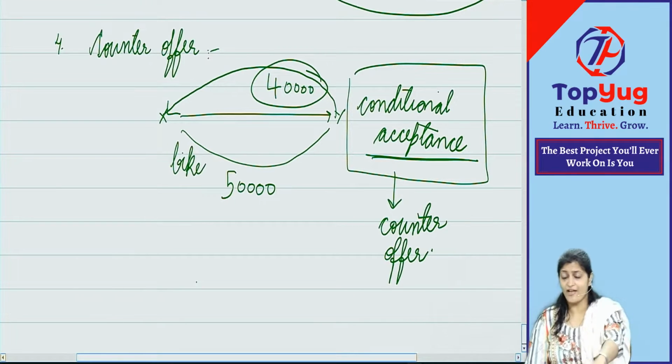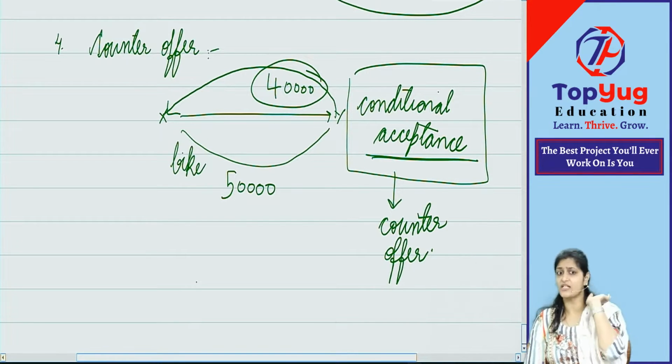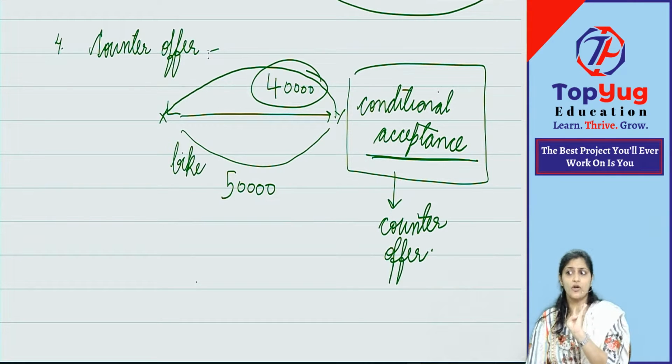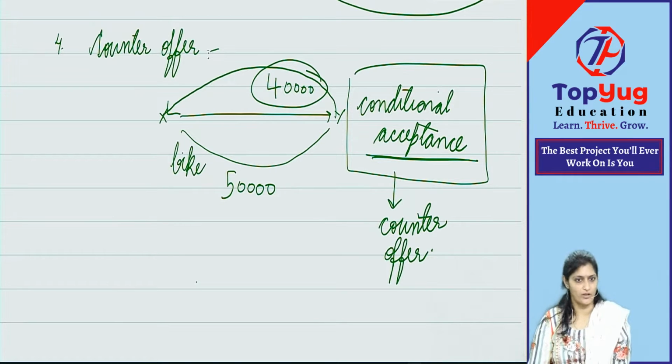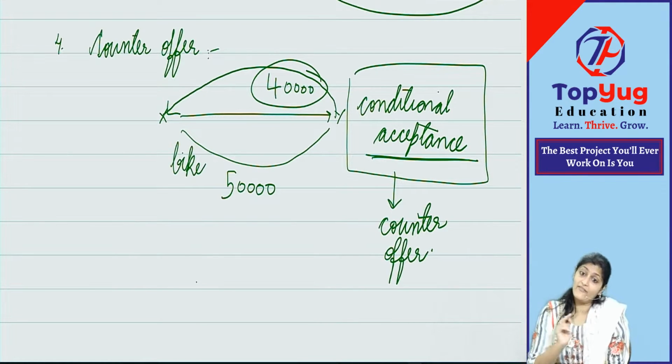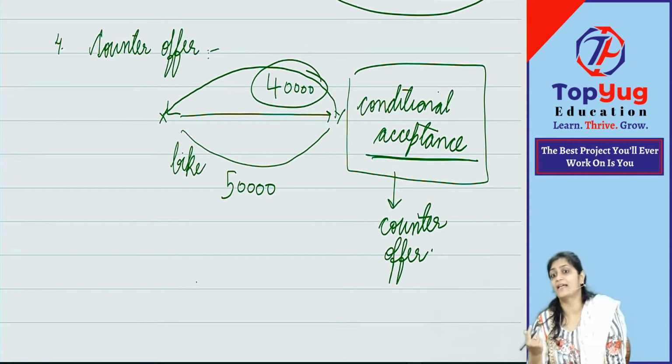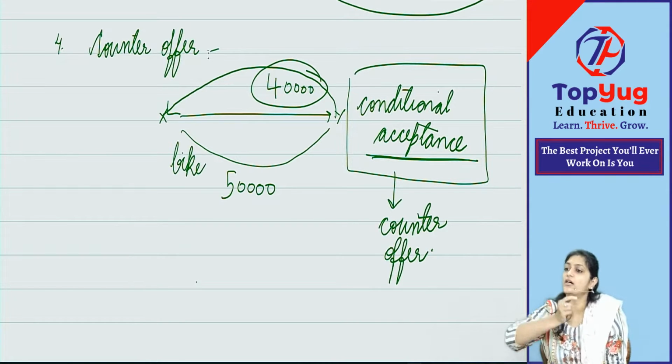But here, when Y said, I will purchase the bike but at 40,000, is the contract immediately coming into existence or not? X is ready to sell the bike at 50,000, but now Y gave another offer to purchase the bike at 40,000. There is no contract, there is just a counter offer.